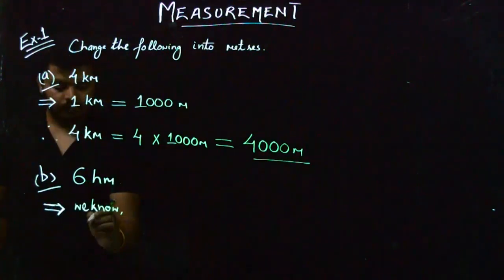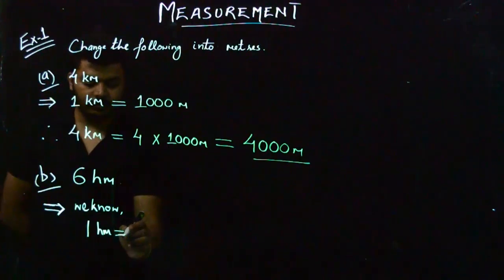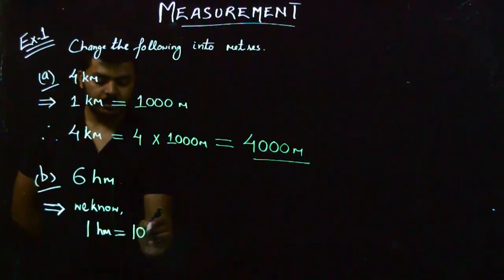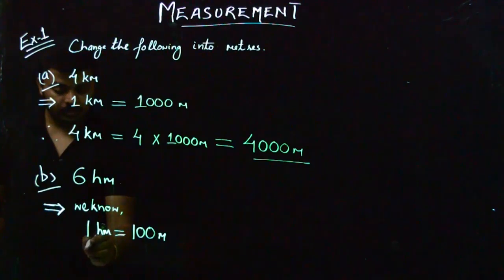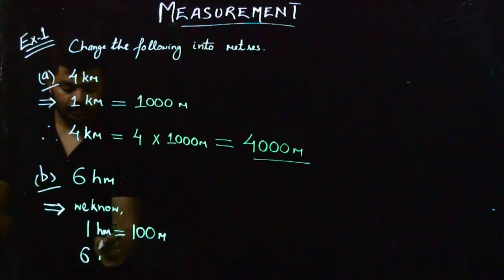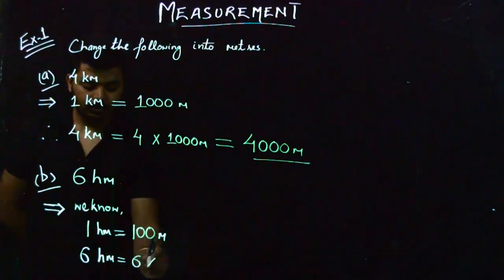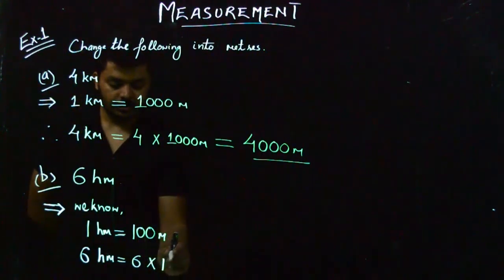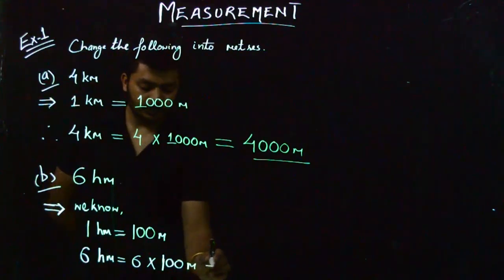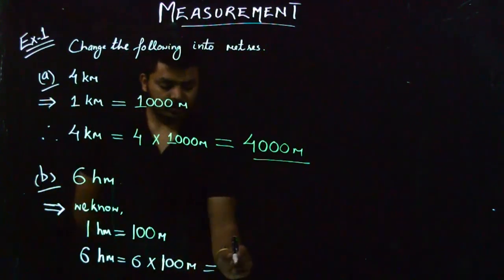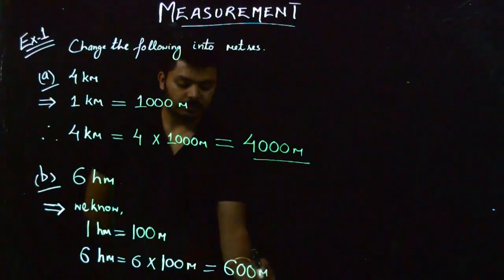We know 1 hectometer is equal to 100 meters. So 6 hectometer will be equal to 6 multiplied by 100 meter, which is equal to 600 meter.